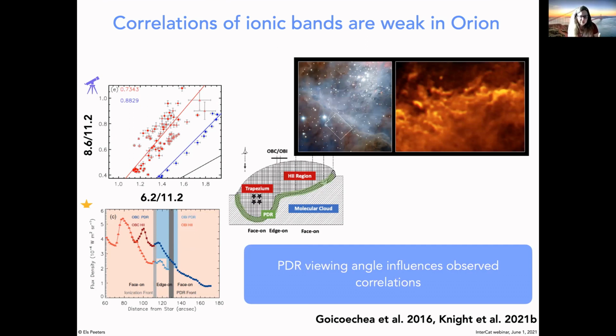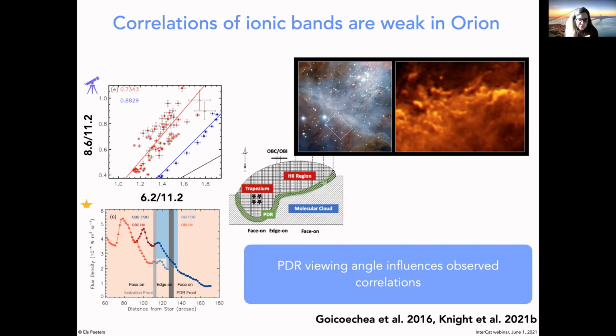So it includes both face-on PDRs in front of the bar, so closer to the Trapezium, and beyond the bar. And it also includes the edge-on PDR of one slit, which seems to be slightly more similar to face-on PDR than what we have for the other slit. And so it seems that the PDR viewing angle influences the observed correlation.